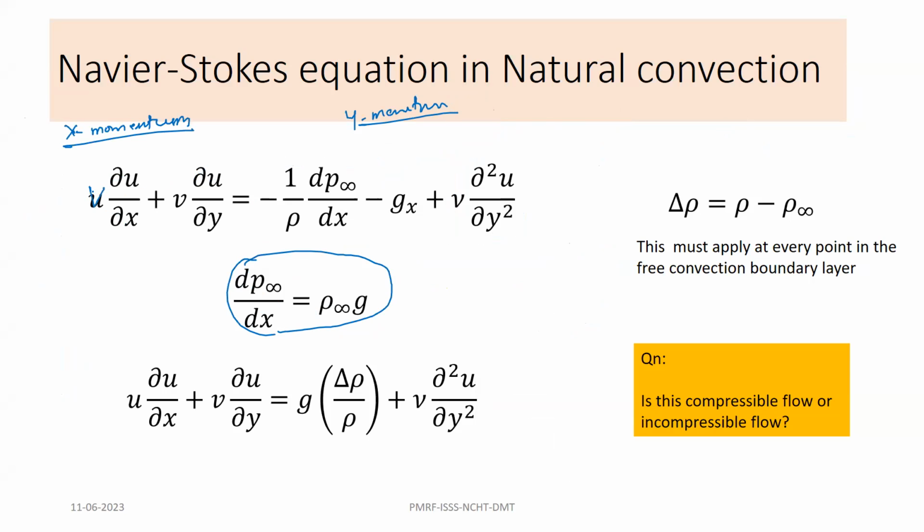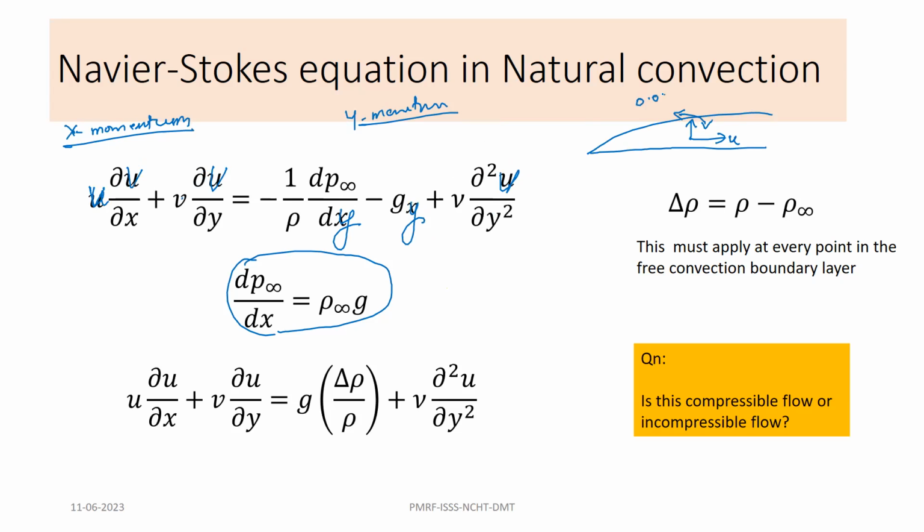It is U dou V by dou X plus V dou V by dou Y is equal to minus dou P infinity by dou Y, g y, then that will change to dou square V by dou Y square. Previously, in the boundary layer approximation, I told that if this is a horizontal plate, with U and V, we can neglect this V.